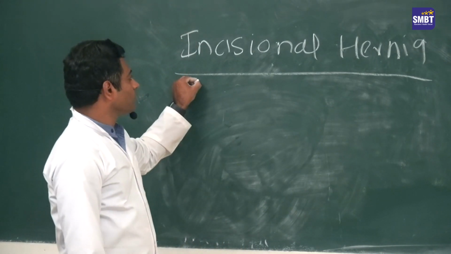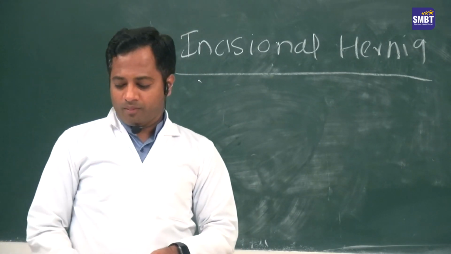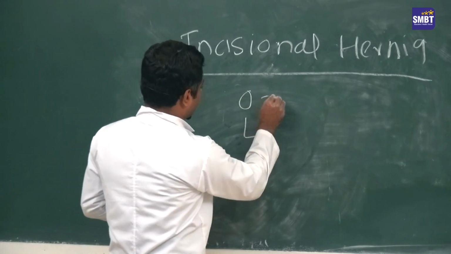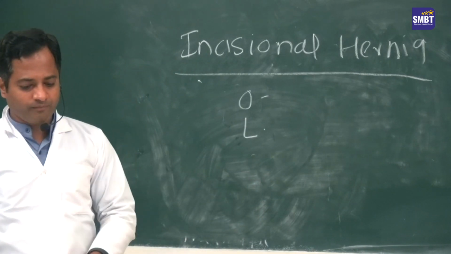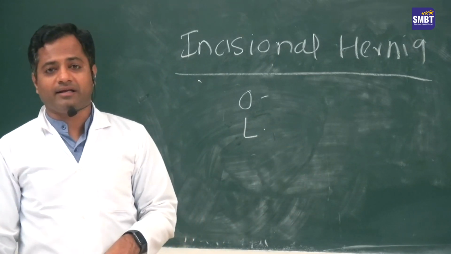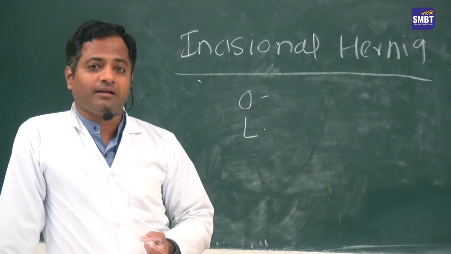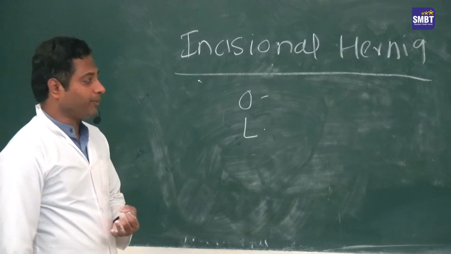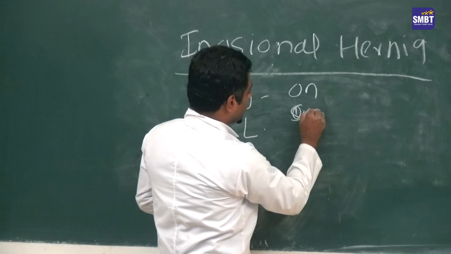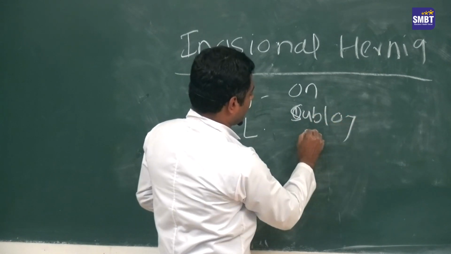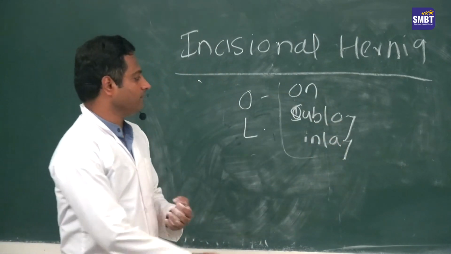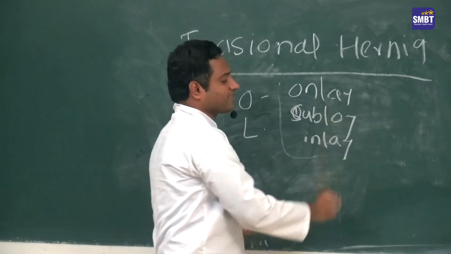Okay, coming to the treatment of incisional hernia. Treatment is divided into open and laparoscopy. We have seen the open treatment in umbilical hernia: onlay repair, sublay repair and inlay repair. These three surgeries you can do in incisional hernia too.